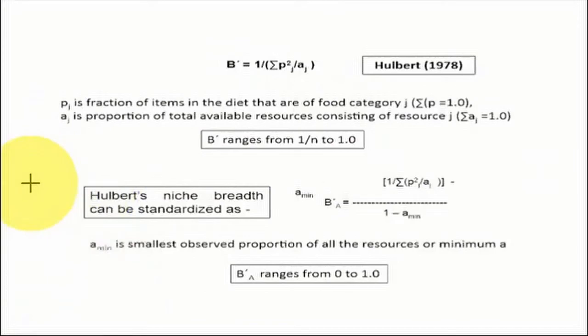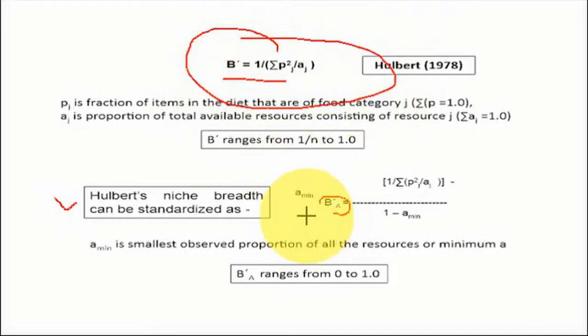Yes, Hurlbert's niche breadth can be standardized as B dash A. So B, you know, is 1 divided by the summation of PJ square by AJ. So this is what B is. And how to calculate BA?